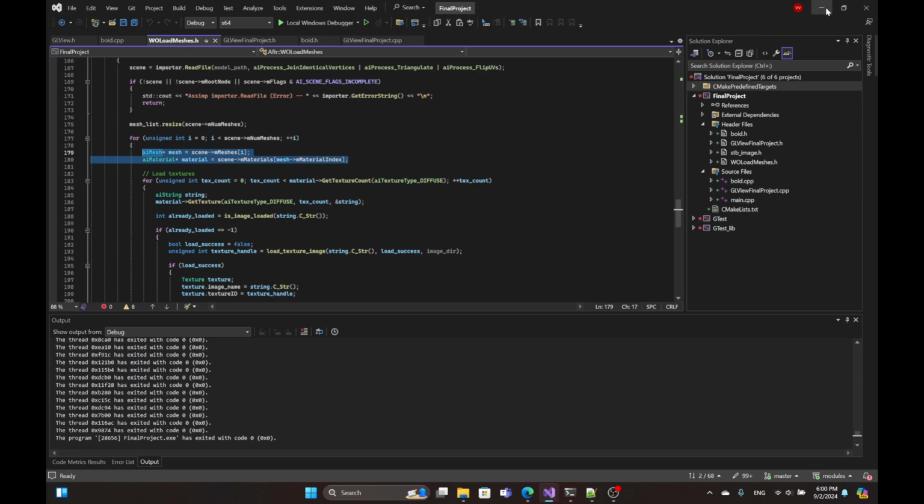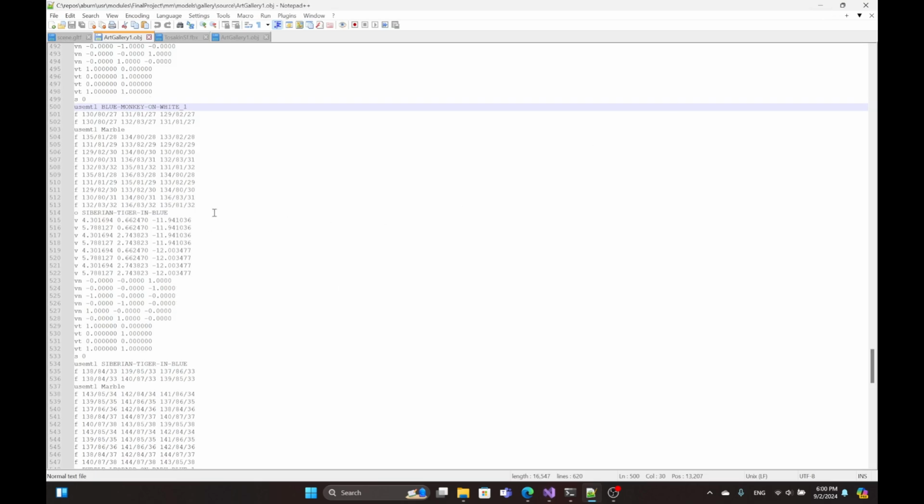But the problem with the model and also the thing I wrote is that it cannot actually load these 3D models that are in binary, and I have no direction or clues to fix this because I don't know what they are writing here, so I don't understand what the texture names are and how and where to find them.